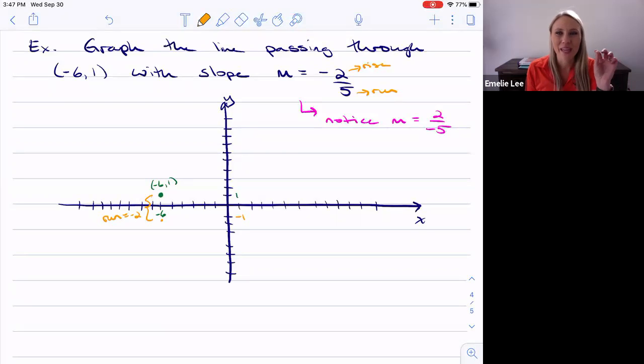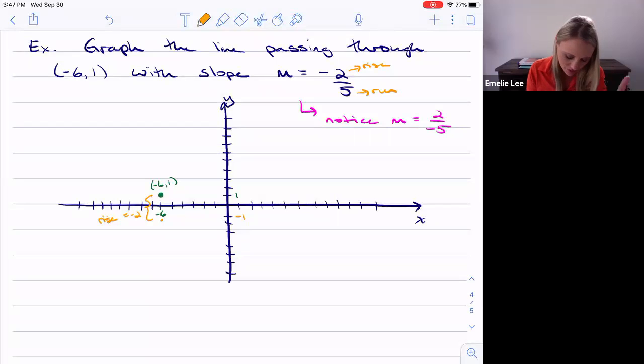That's kind of a halfway there point, so that's why I'm just not really drawing it in. The rise is -2, so basically a drop of 2.